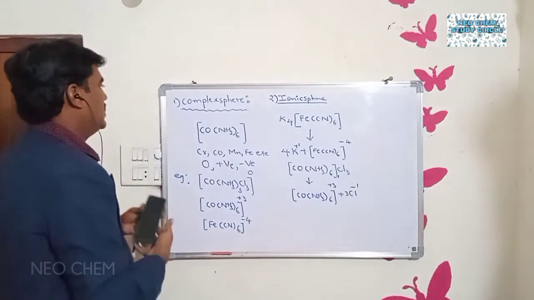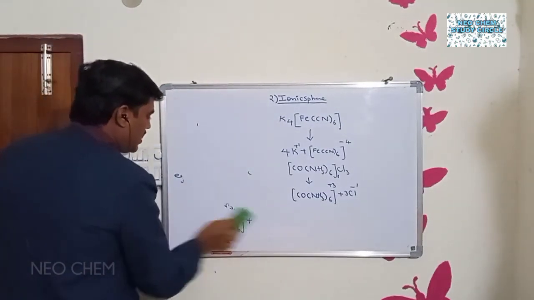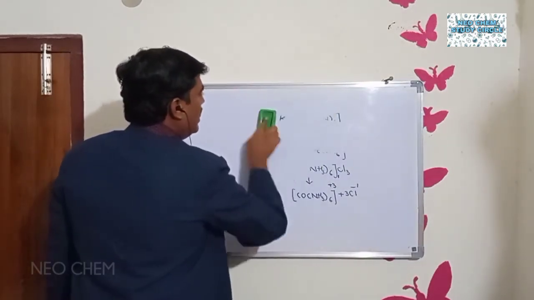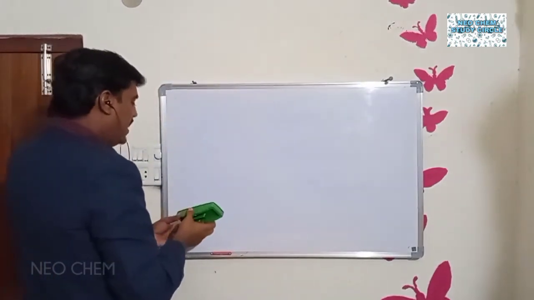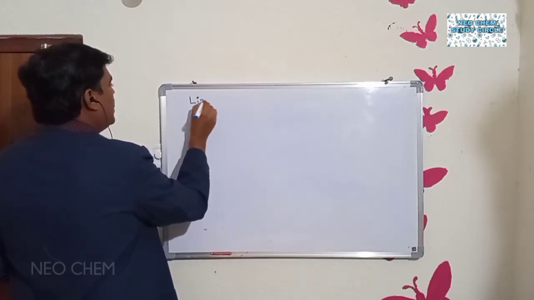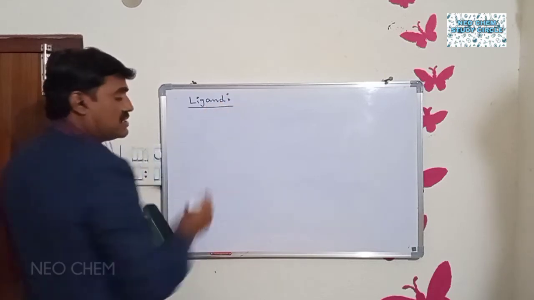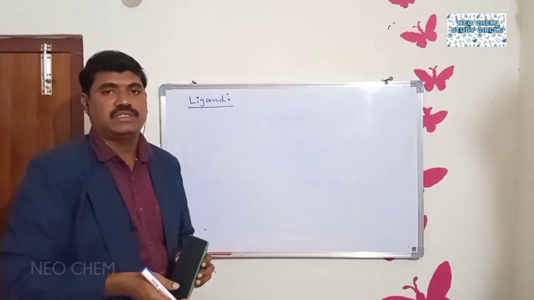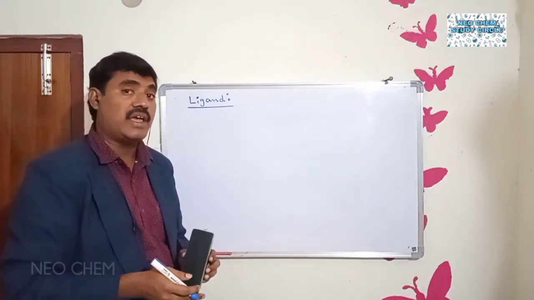Next, the next term is ligand. So we will define the term ligand. What does ligand mean? Ligand means electron donating species. Electron donating species is called a ligand.